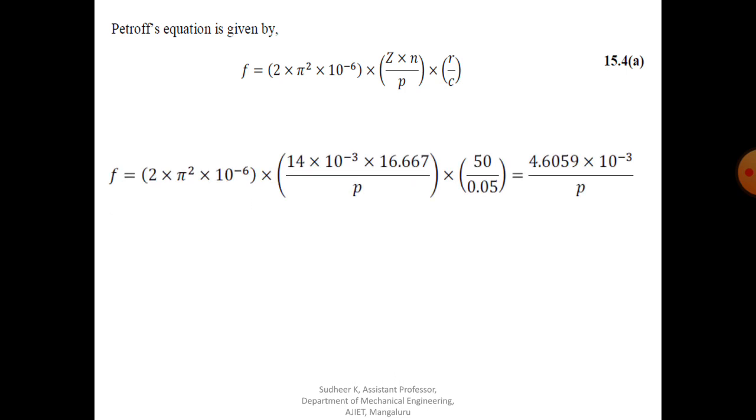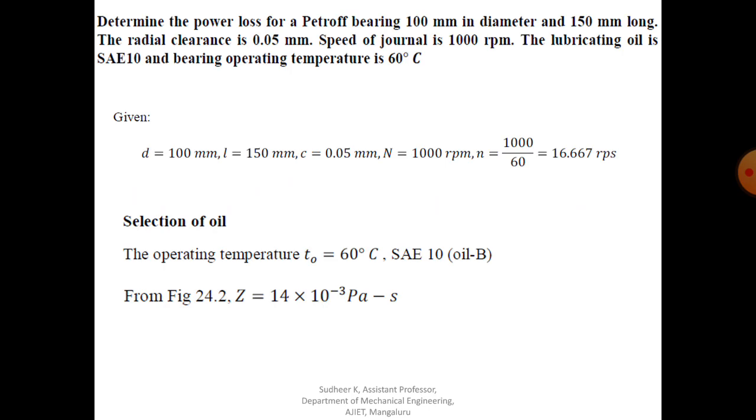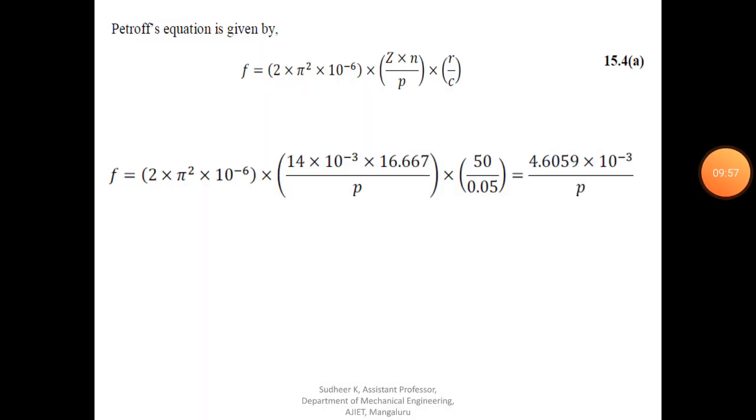In the Petrov equation, the P value is not given, so we have to find it, because they told us to determine the power loss. After substitution, 2 into pi square into 10 to the power minus 6, times the Z value, which you get from the temperature viscosity relationship from the Lingaya data book sheet.